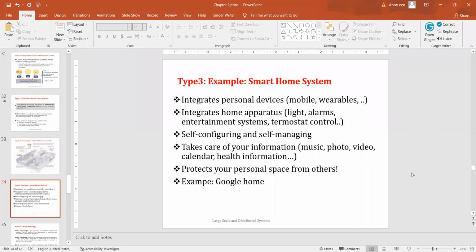Configuring and self-managing devices: automatically it can turn on, automatically it can configure based on the conditions or based on the command. It can automatically configure, manage, and regulate devices.